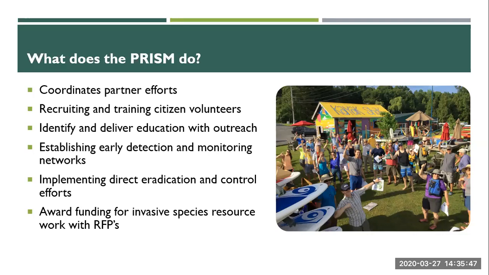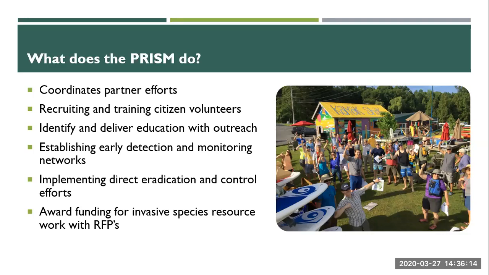First, we coordinate partner efforts. We have a network of partners that we utilize on a daily basis to deliver education materials, host events, do projects, all different things. Our partners and our volunteers are really important to us and the role of the PRISM.